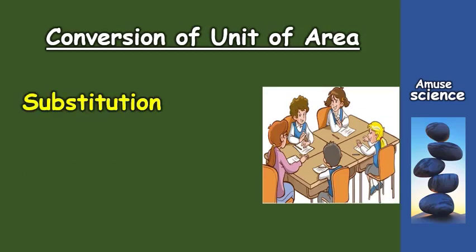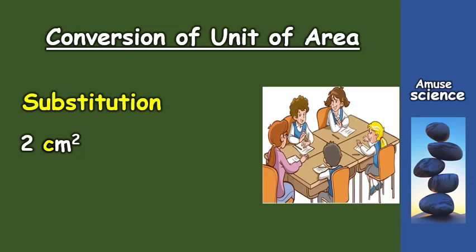Assuming we have 2 centimeter squared and we want to change it to meter squared, we know already that we have to substitute the value of the centi so that we can have our answer in meter squared. But what we have to take note of is that because we are dealing with squared meter, we have to also square the prefix.